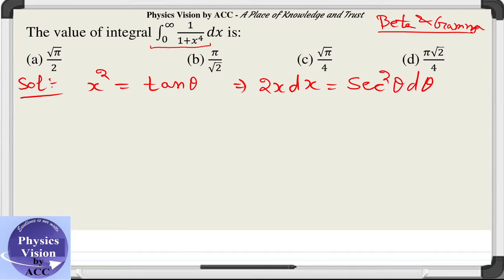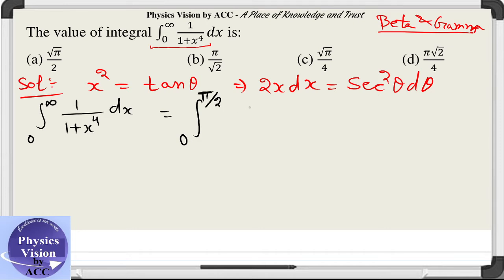By substituting these values, the given integral from 0 to infinity 1 upon 1 plus x to the power 4 into dx becomes, the limits of integration have changed. When x square is 0, tan theta is 0, and when x square is infinity, tan theta is infinity, that is theta is pi by 2.